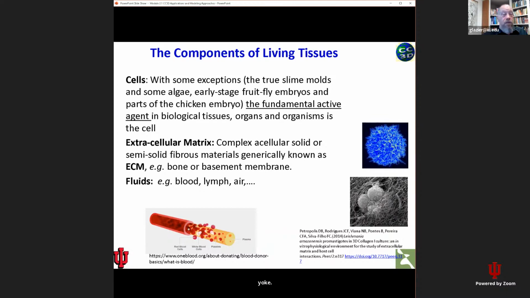So cellular organization isn't absolutely universal in biology, but it's pretty useful. And as I mentioned, we're typically going to use cells as our agents in our models. We can model extracellular matrix. It's typically the hardest thing to model in our world if we want to model all of its details. The fiber architecture of ECM is really a problem for computation. That's not a problem for CompuCell, it's a problem for computation generally. And we have fluids.